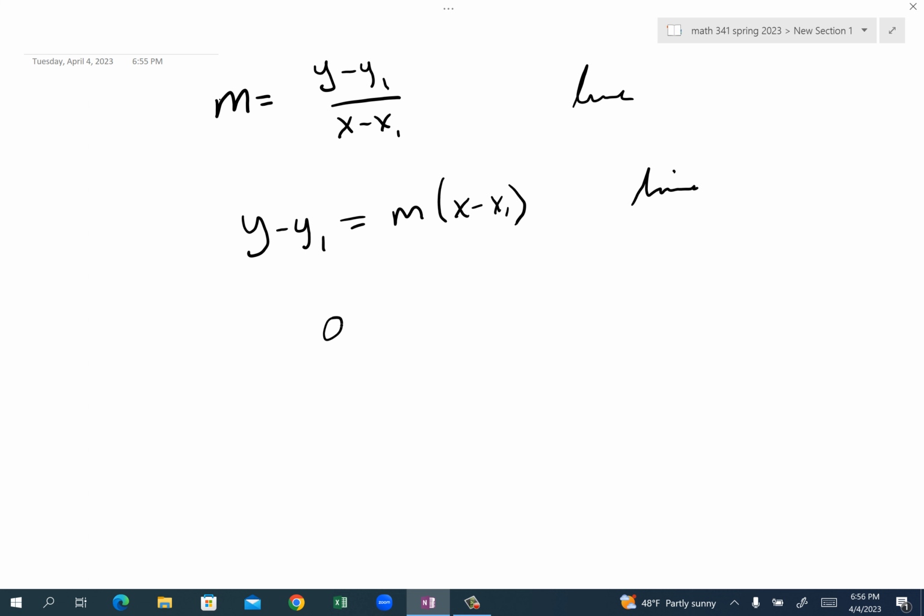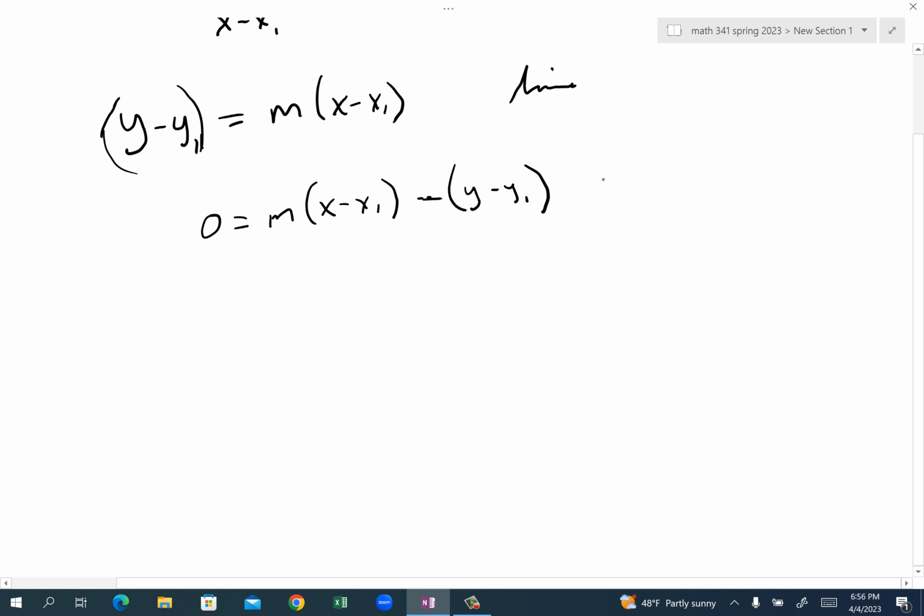So I could also do this. That's also algebraically equivalent, right? I treat this as a unit, and I move it to the other side. Okay? These are still a line. So we're still in 2 dimensions. Everyone pretty cool with that?